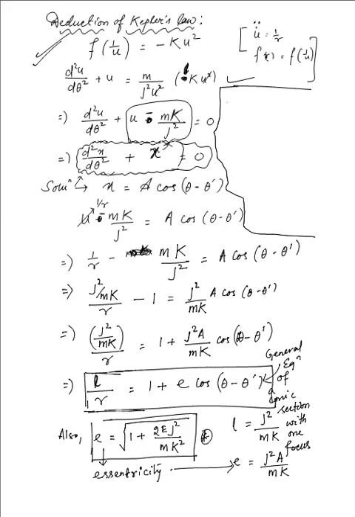So this E, when that is greater than 1, the value of the total energy will also be greater than 0, and then the conic that it will be describing is a hyperbola.